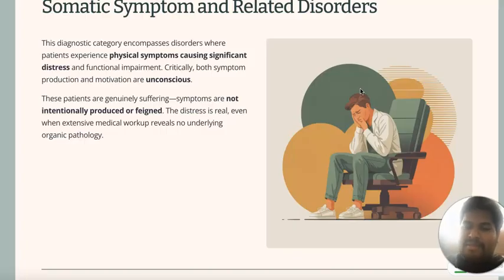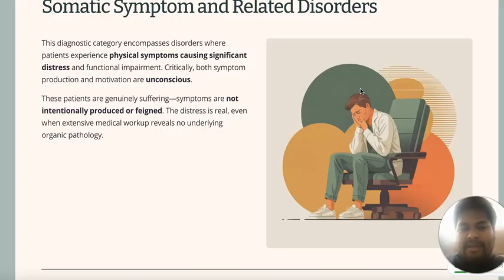It's just that the symptoms don't match with classical organic pathology. So they say, I have a headache and my left cheek is paining, and my right thumb feels numb. So it doesn't match any symptoms as such, right? So in this case we call it somatic symptoms.